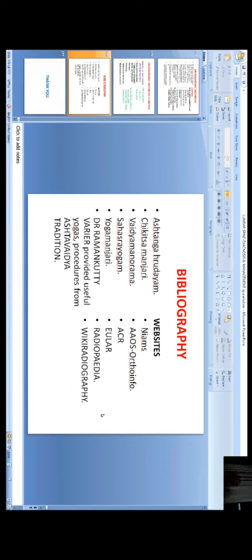These are very useful sites which can be clubbed with our Ayurveda Chikitsa, especially Vadavyadhi Chikitsa from Ashtanga Hridaya. ACR, American College of Rheumatology, EULAR, European League Against Rheumatism, Radiopedia for studying the radiology, especially the X-rays, Wiki radiography for normal X-rays.